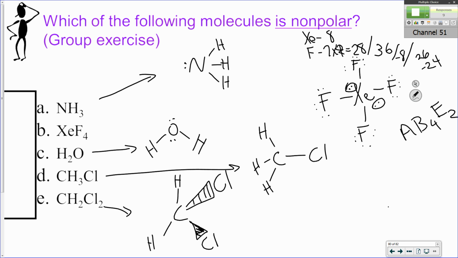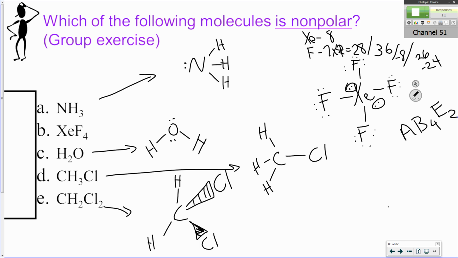This is a group problem, so work on it and figure it out. Hey, Dr. Smith, what's the molecular geometry for the xenon that you looked at? Because it's like a square, but we don't see the electron cloud, right?